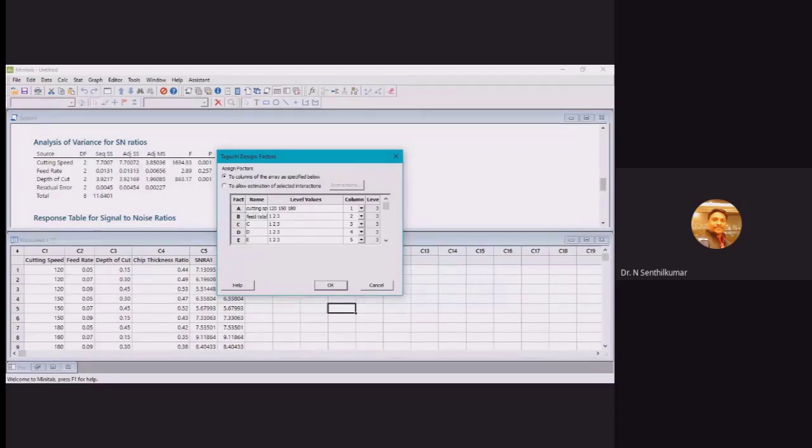Feed rate 0.05, 0.10, 0.15. I'll be putting random values, sir. Depth of cut will be 0.1, 0.3, 0.5.